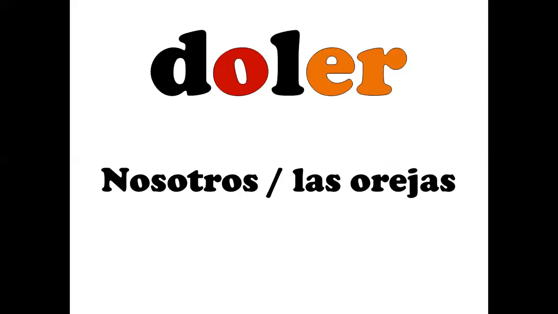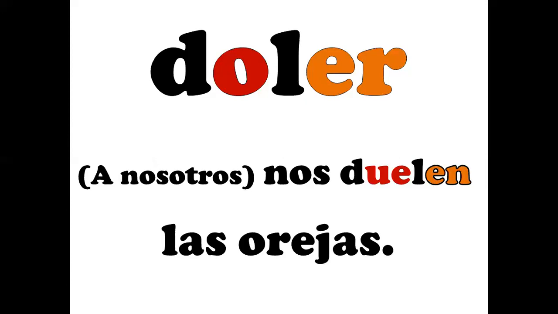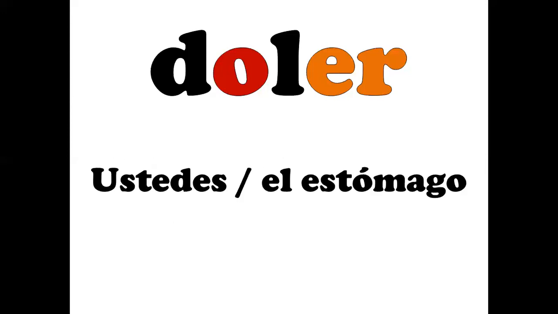Nosotros y las orejas. Pause it if you need more time. A nosotros nos duelen las orejas. Our ears hurt. One more. Ustedes y el estómago. Y'all's stomach hurts. Pause it if you need more time.